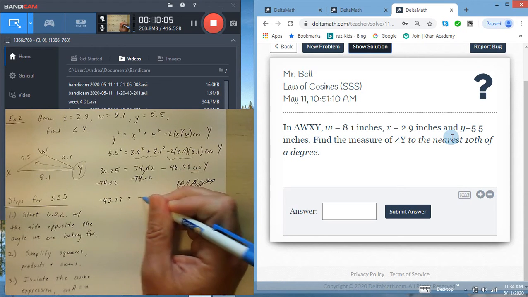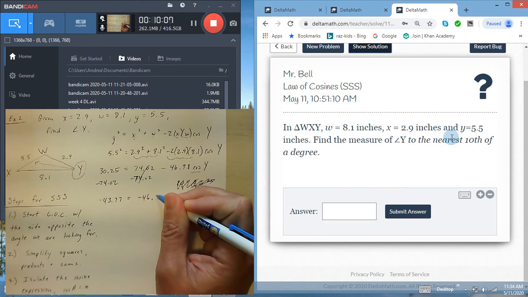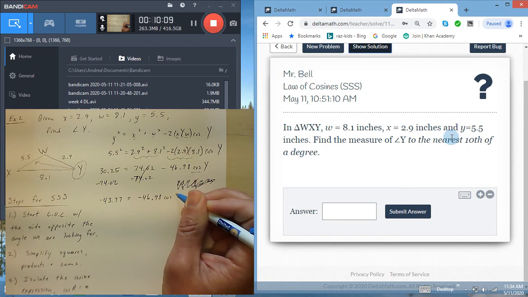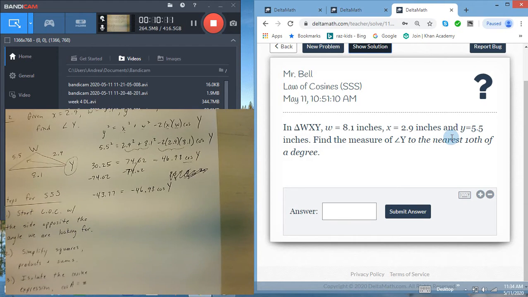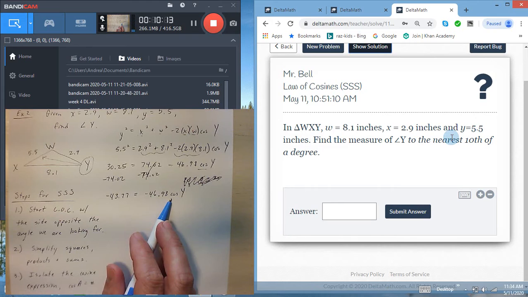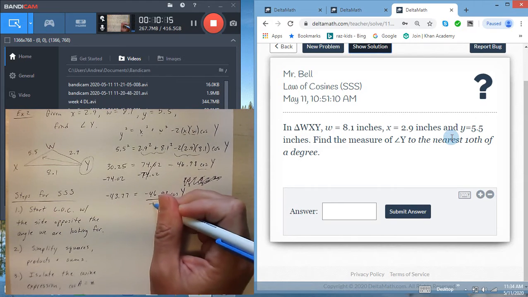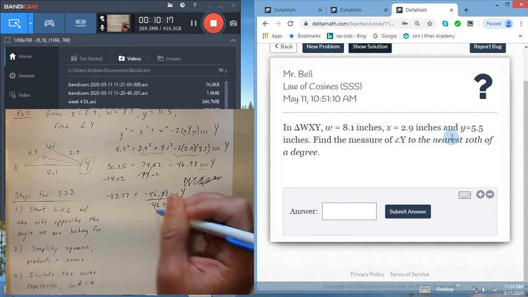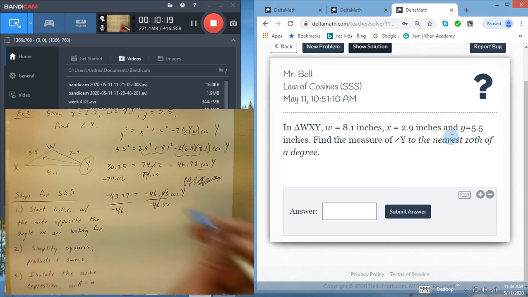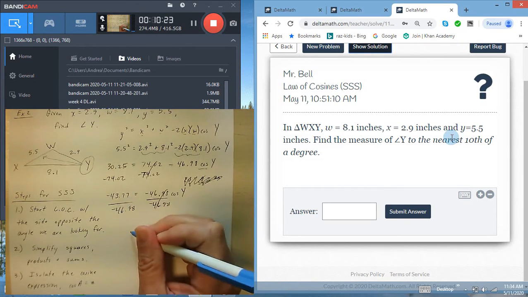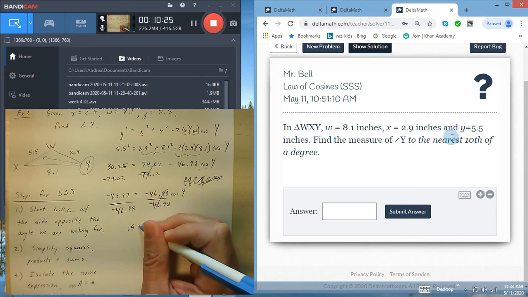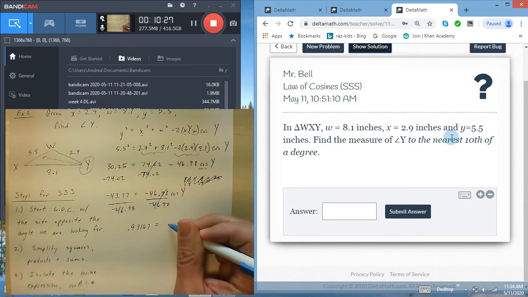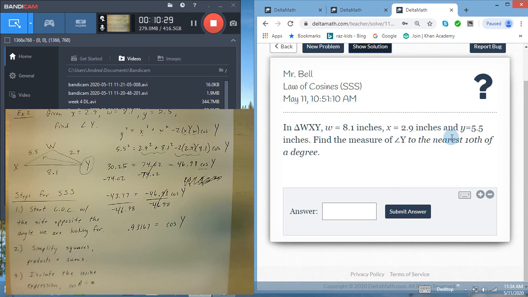That's a negative coefficient for the 46.98. Keep it there. It's almost isolated. We just have to divide by this coefficient and we'll be there. When I divide this, it gives me 0.93167 equals cosine of angle y.